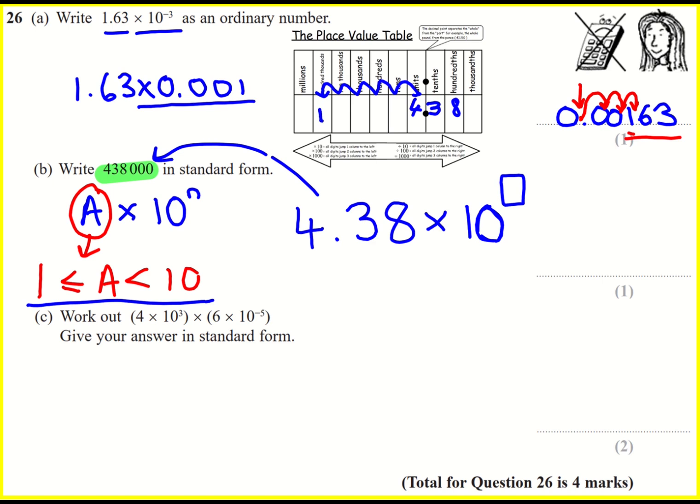So it's jumped 1, 2, 3, 4, 5. That 4 has jumped 5 times. So my power of 10 becomes 5. So in standard form, that is 4.38 multiplied by 10 to the 5.